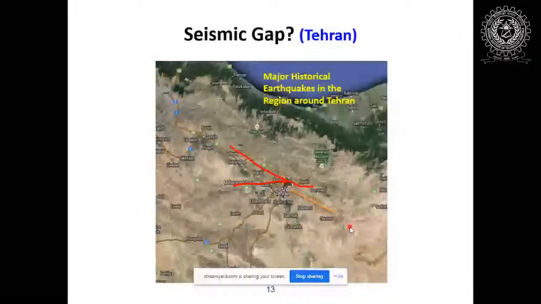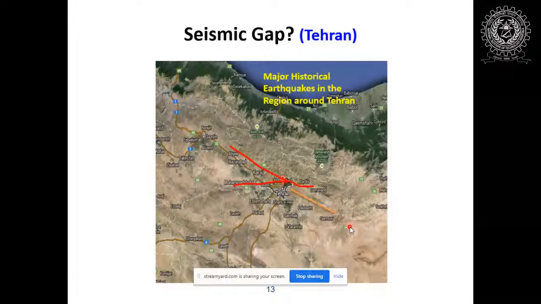Okay, what about Iran and Tehran? In Tehran, we have major active faults crossing nearby, and we may say inside the mega city of Tehran, for which we have major historical and archeo earthquakes in the past, but recently we have no earthquake.